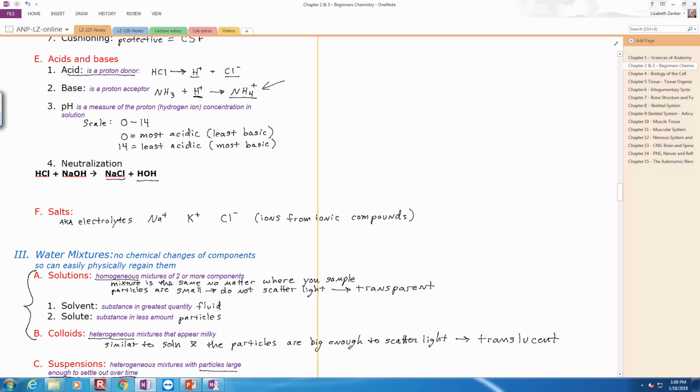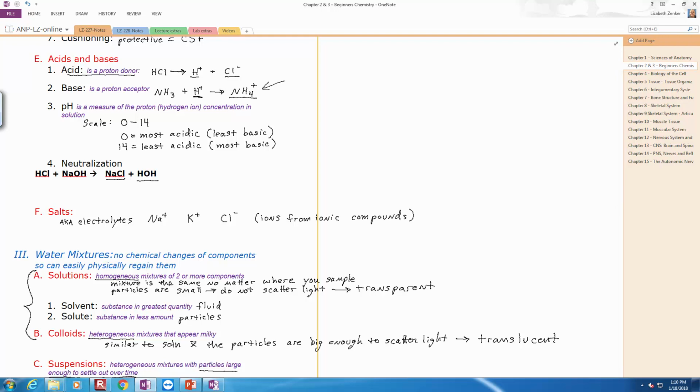Plus HOH. Anybody know what that is? It's another way of saying H2O, right? Water, okay? It's just spelled out a little different. Or HOA. No, I'm just kidding. So basically, if we take a strong acid and a strong base, it neutralizes it. You end up with a pH of 7 then for neutral, right?